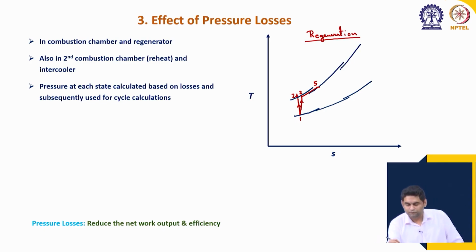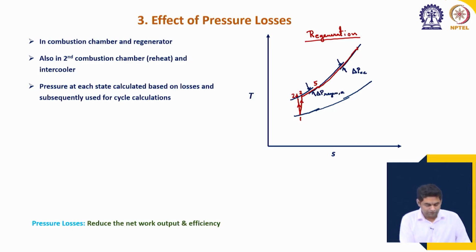Then from 5 we have the inlet to the combustion chamber, and again there is some pressure loss in the combustion chamber which cannot be avoided, and ultimately we will reach a pressure which is slightly lower compared to the other blue line. So, this is one pressure drop and this is the second pressure drop that occurs in the combustion chamber. Let us call this delta P CC and this delta P regenerator on the air side, delta P regen A.